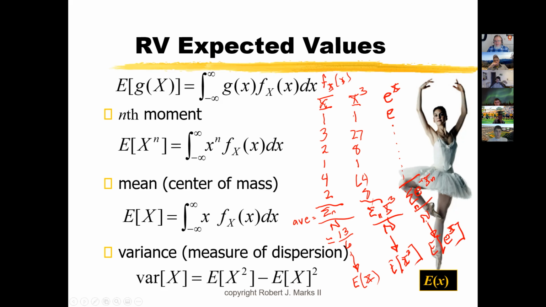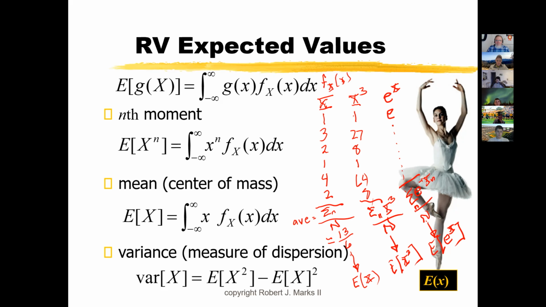Okay, so each one of these is the expected value of something, and any of these things can be generated empirically if you have enough data. You simply take the data and perform the function on it. You do the average of it, and the average will be pretty close to whatever the expected value is. So that's our interpretation of the expected value of x sub n. Does that make sense?